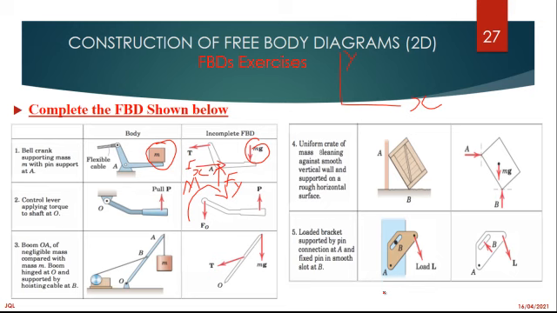We go to the third one. The third one, boom OA of negligible mass compared with mass M. Boom hinged at O and supported by hoisting cable at B. For this, it is just more like a pin.